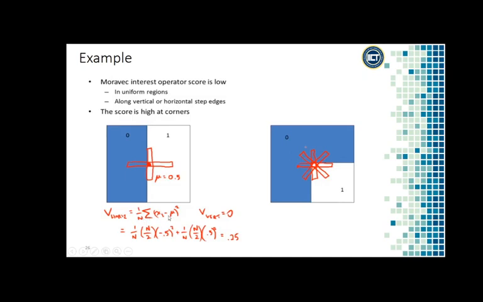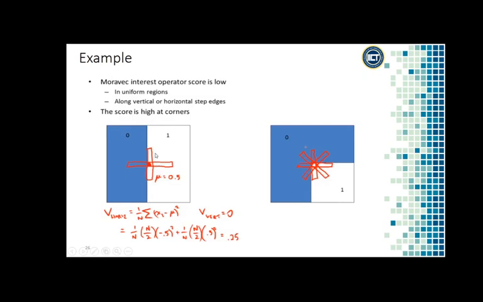So if you compute it, this will be 1 upon n, times n by 2, times (minus 0.5) whole square because this is the mean. So it's minus 0.5 and positive 0.5. So n and n get cancelled and this becomes 0.25. If you compute the total of this computation, you will see that the result is 0.25.